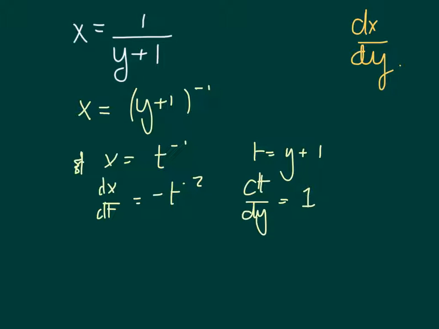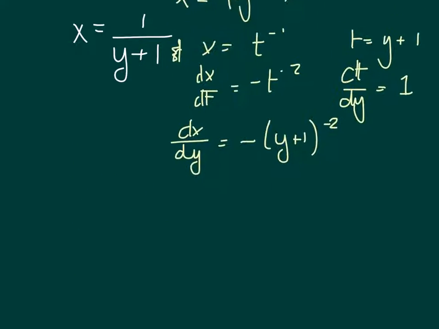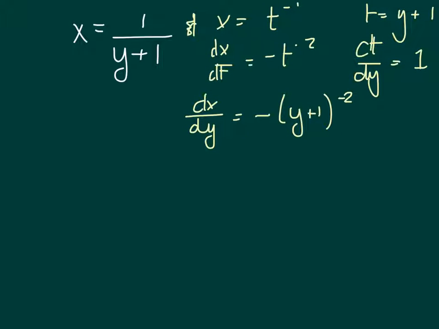Putting those together using the chain rule, dx over dy is these two functions multiplied together, so minus t to the minus 2, which is minus (y plus 1) to the minus 2. Okay, what am I going to do with this at this stage? So there's my chain rule, and there's my answer.